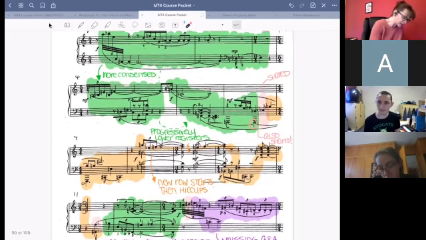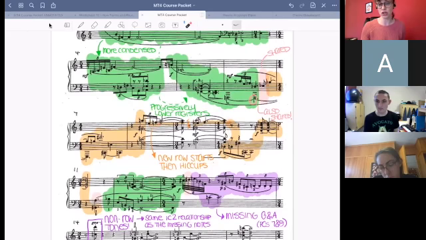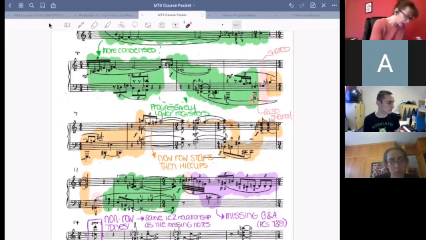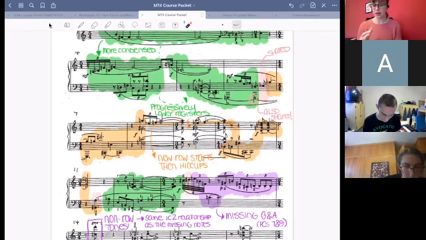Now, someone else asked in the doc about what's going on here, because it seems like we finish up RI0 here, and with that E flat and F, it seems like we're starting a new presentation of the row. But then we get a repetition, in effect, of this measure again. So that vertical sonority is exactly the same. But most of this sonority is from the end of RI0, not the beginning.